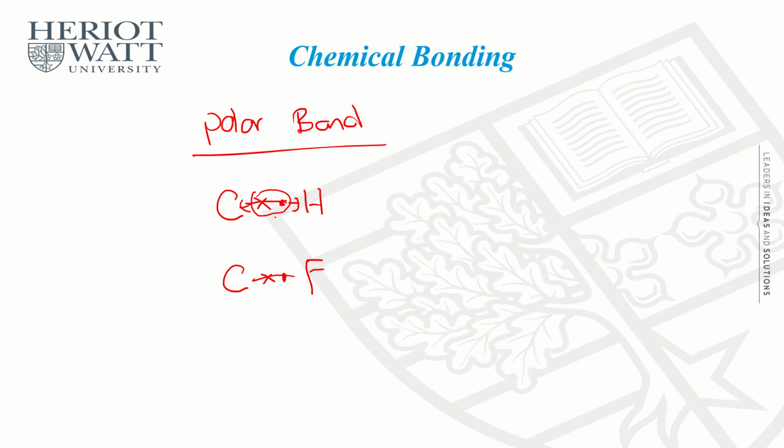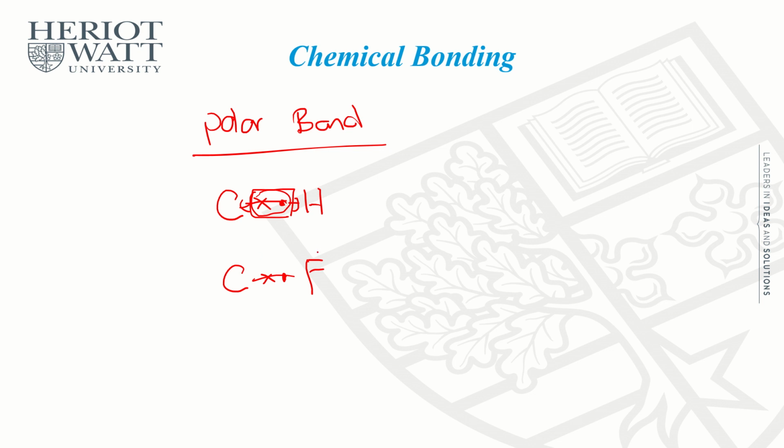So this pair of electrons between C and H will not move to either left or right. They will just stay in between and be evenly shared, because the pulling force from both carbon and hydrogen is the same. So this is what we call a small difference in electronegativity.